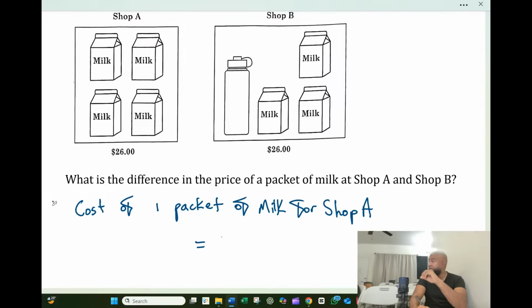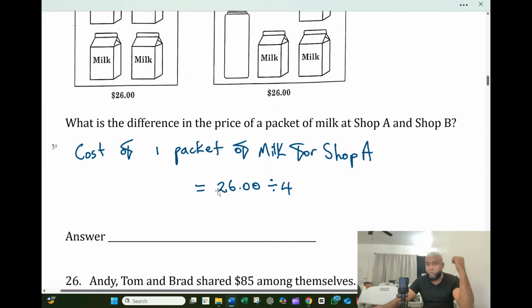It is $26 for 4 packs. So if we want to find the cost of 1, it will be 4 divided into 26, and this will give us our answer. So it'll basically be the $26 divided by 4. This will give us our cost for 1 packet.